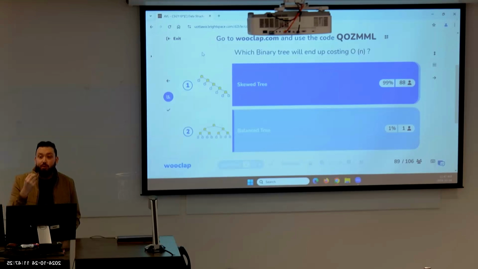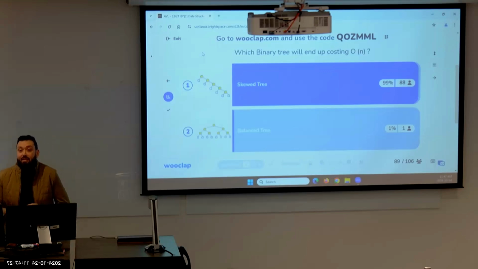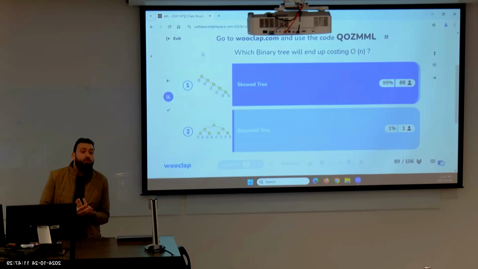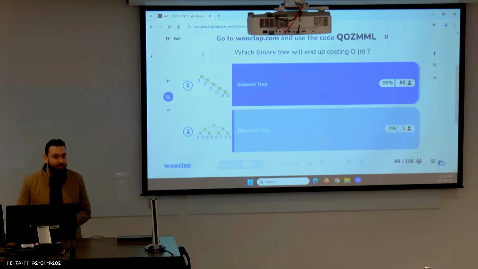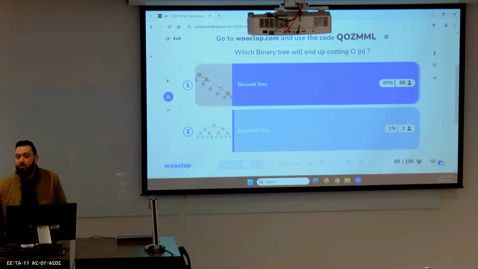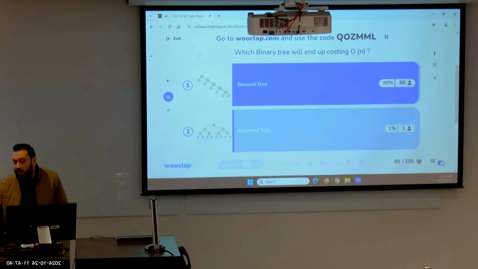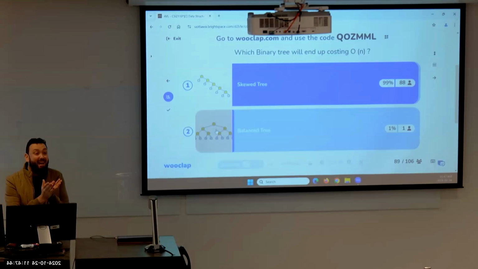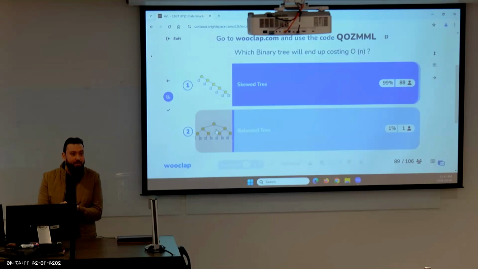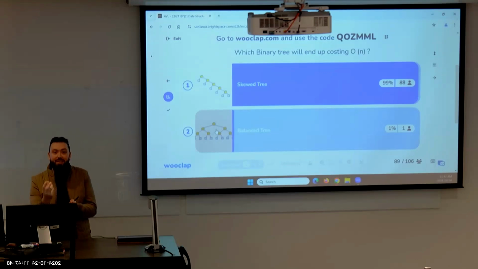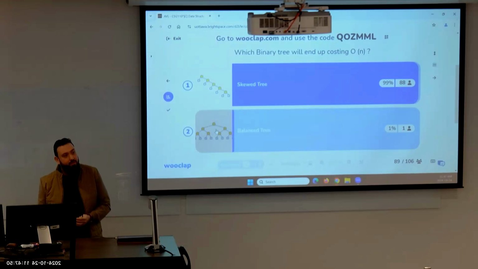I want you to always understand the costs and the efficiency are going to depend on what? On the height of the tree. So if the tree is not a good tree, the height is not good, that's why it's going to end up with O of n. Now, if I have a good height, which is in a balanced tree, perfect tree, complete binary tree, that means the height is log of n, and because it depends on the height, that's why it's going to be O of log n.